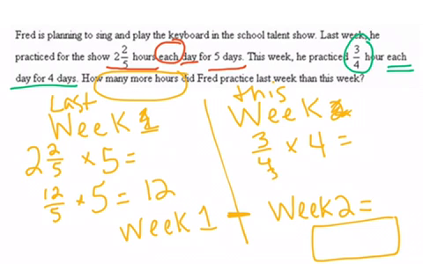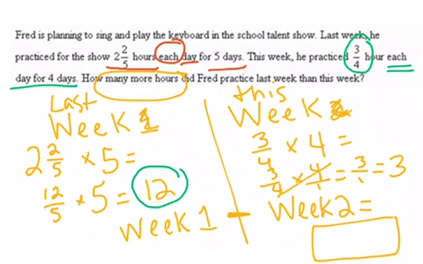When I multiply 3/4 times 4 over 1, without a calculator, I end up with 3. You should end up with 3 on a calculator. So it looks as if in week 1, Fred practiced 12 hours, and in week 2, he practiced 3. But our question is, how many more hours did he practice in week 1 than week 2? 12 minus 3 is 9.